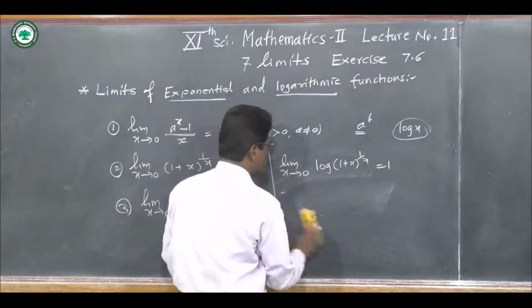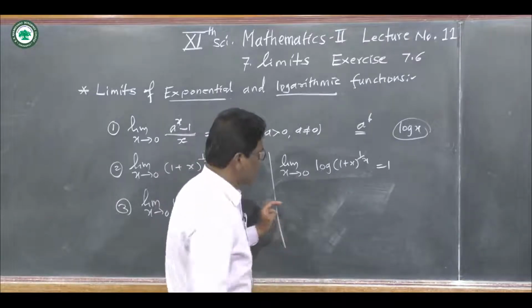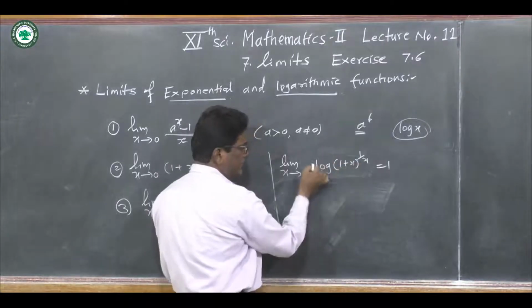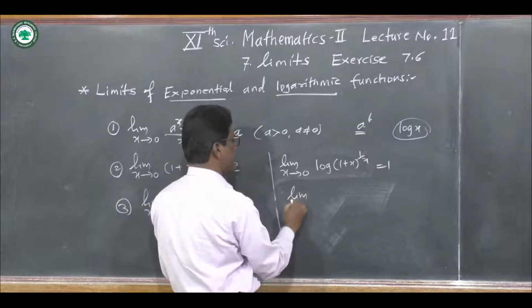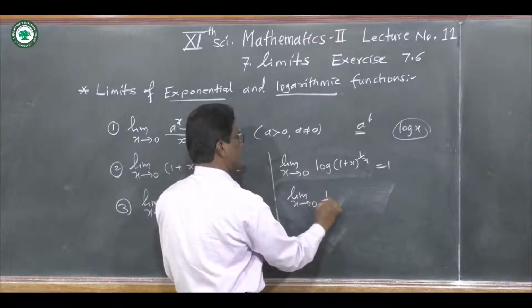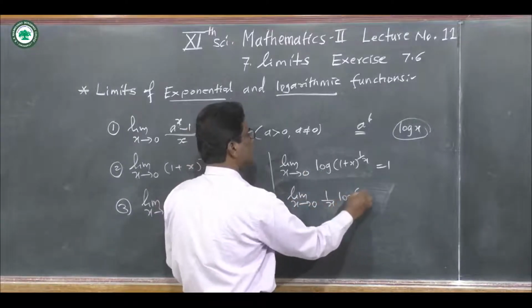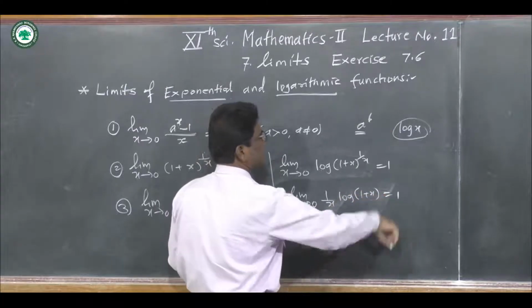Now using the rules of logarithm, we carry this 1 upon x outside. So we get limit as x tends to 0, 1 upon x into log of (1 plus x), that is equal to 1.